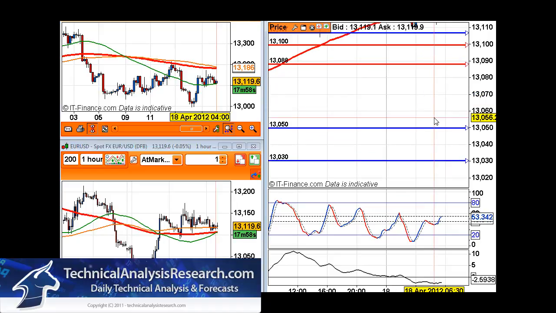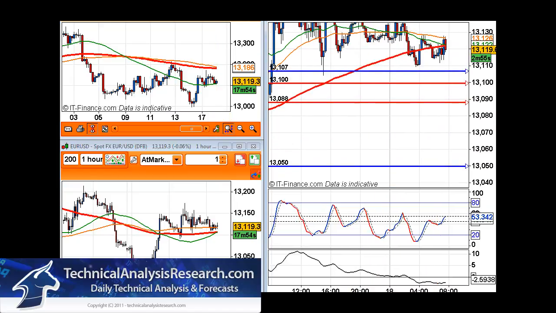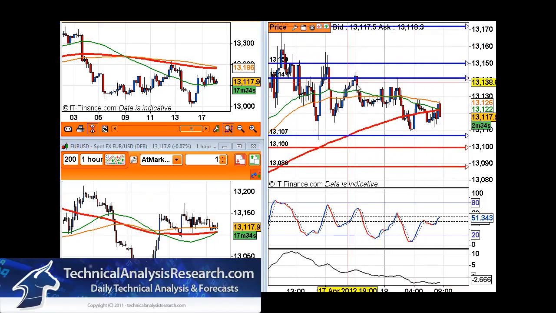Never assume that it will always reach target, so always trail your stop. So again, if you do get a breakout of that 130.88, look for the pullback to either that zone or back within the zone, and then look to get short in the market, down towards that 130.50 and possibly the 130.30 level.